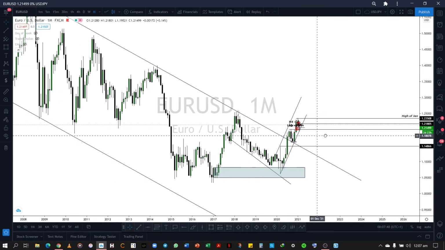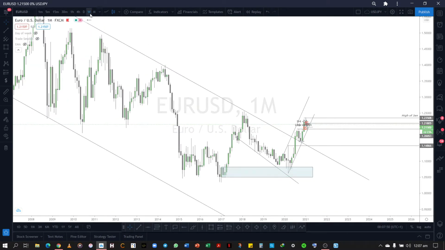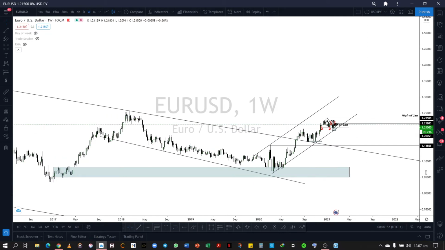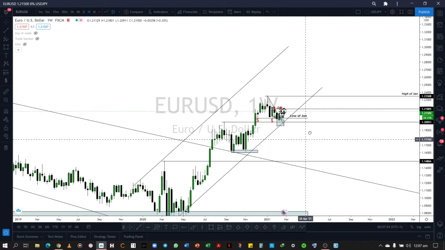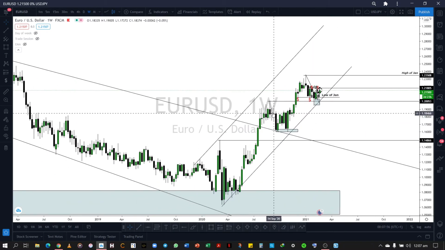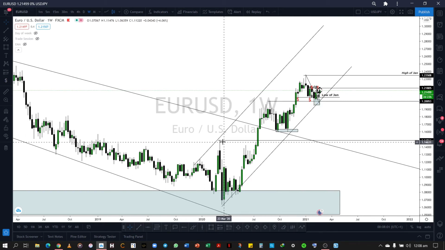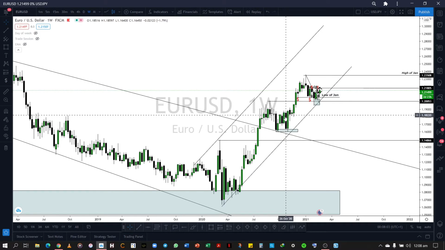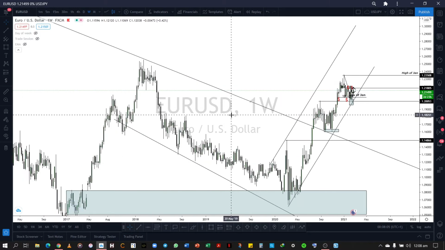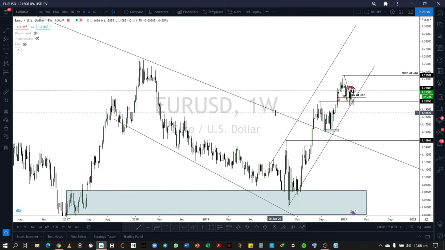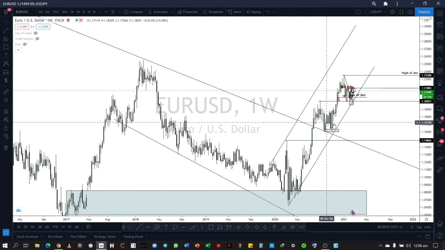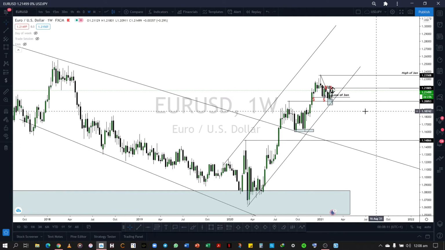Going down to the weekly, you can see another channel being created here, showing very bullish structure. You can see previous highs violated and barely retested, but this clearly retested at the high of the monthly channel, which is a monthly correction.